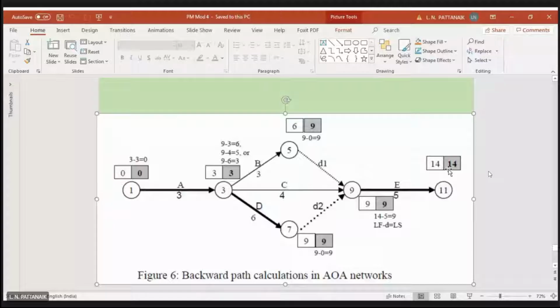So the point is, the critical path is that path, as I perhaps told you yesterday, which takes the longest time and in fact decides the project completion time.